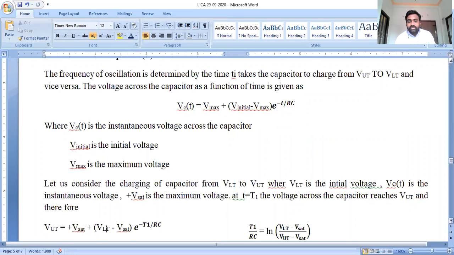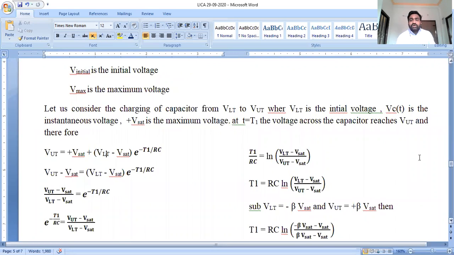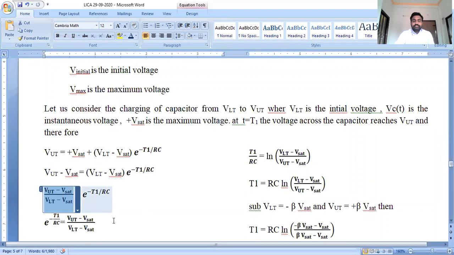If we analyze this expression further, upper threshold voltage minus saturation voltage is equal to lower threshold minus saturation voltage times exponential of minus T1 divided by RC. To the left-hand side we have taken the saturation voltages and threshold voltages, equal to exponential of minus T1 divided by RC.